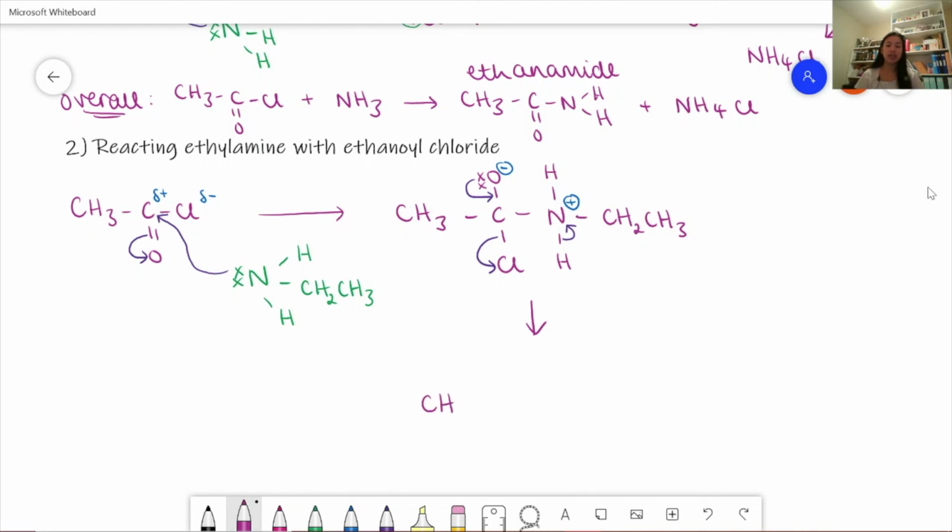So we get CH3, C, and then double bond O. We remove the chlorine, and then we've got a nitrogen, a hydrogen, and an ethyl because we've removed the other hydrogen from the nitrogen. And we also form hydrochloric acid because the hydrogen we've removed reacts with the chlorine that we've also removed. And so this forms N-ethyl ethanamide.